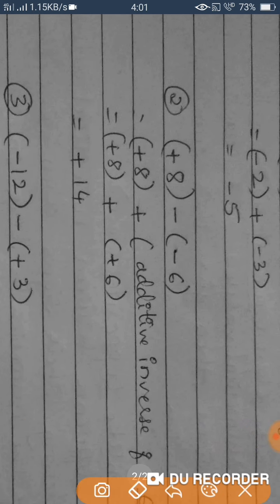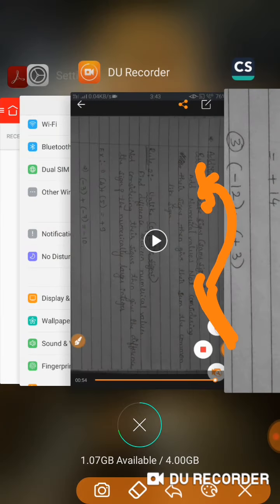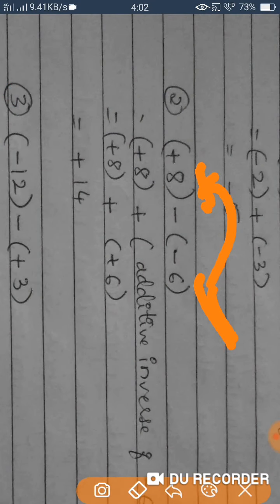In the same way, I have taken a second example of integers. Here plus 8 minus minus 6 is a subtraction, that means we are going to subtract minus 6 from plus 8.